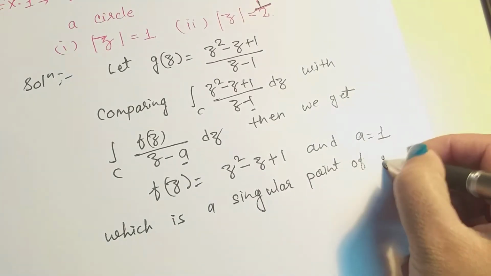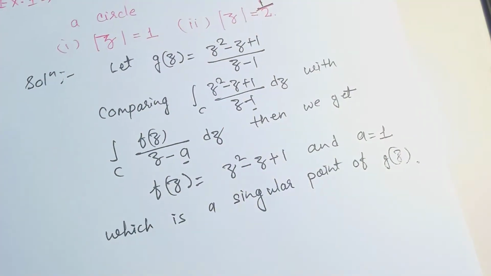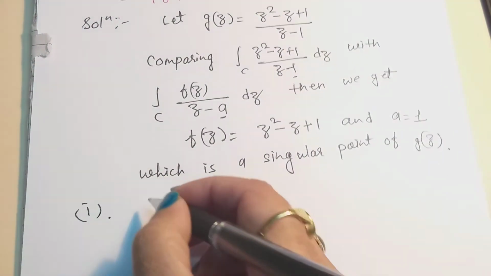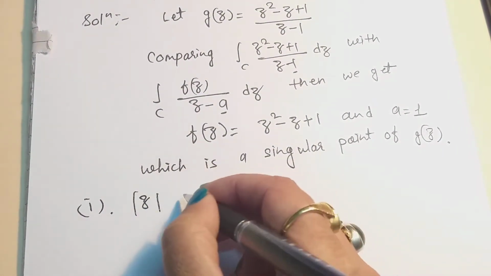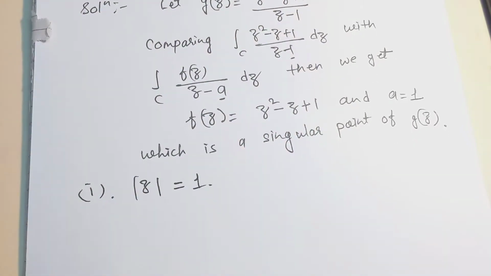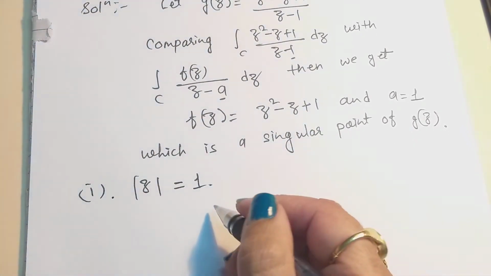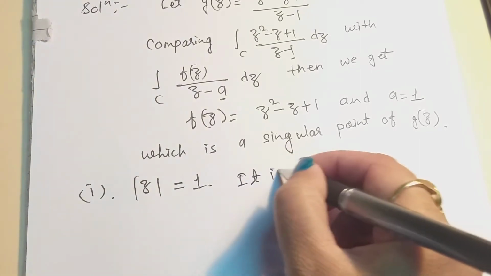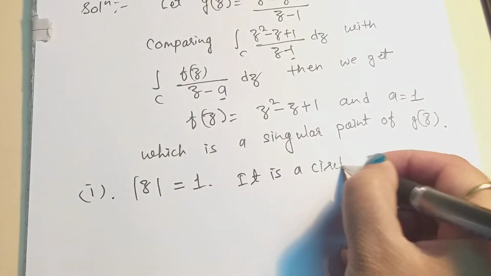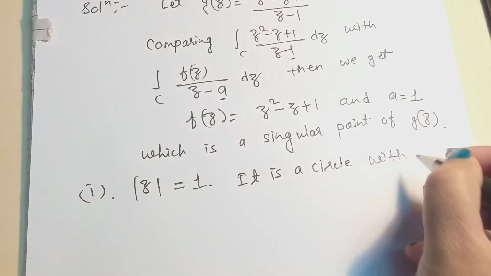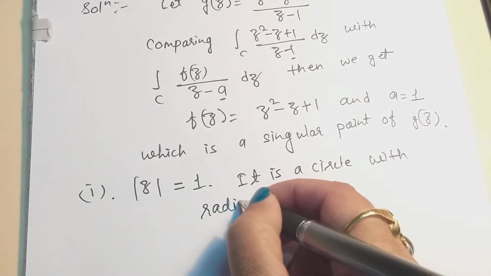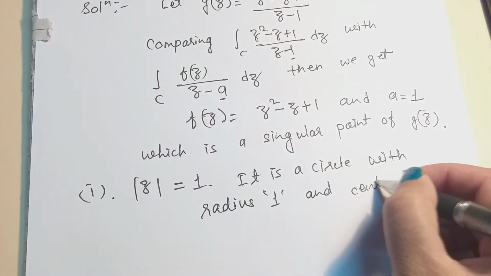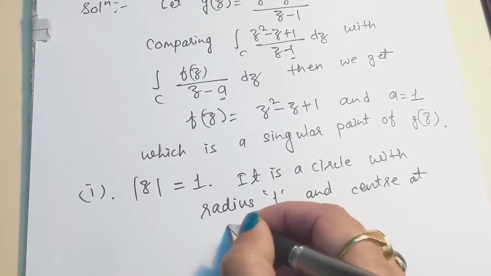of g(z), this function. Now we take our first case where C is a circle, mod of z is equal to 1. So it is a circle with radius 1 and center at origin.